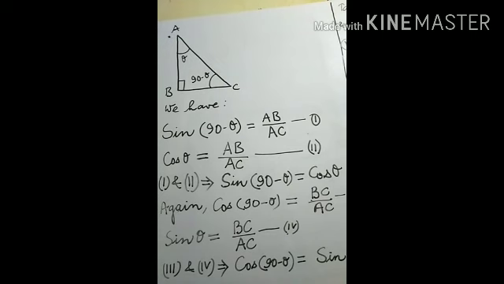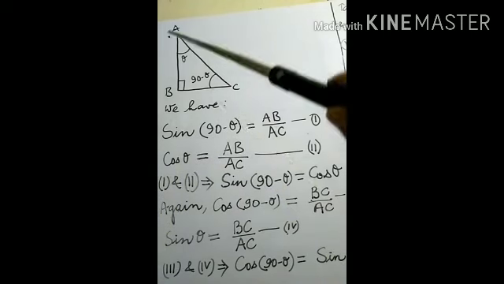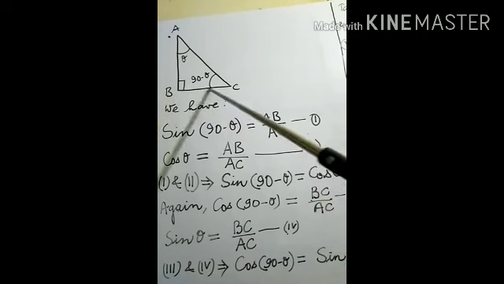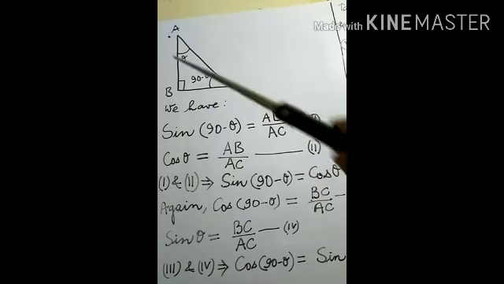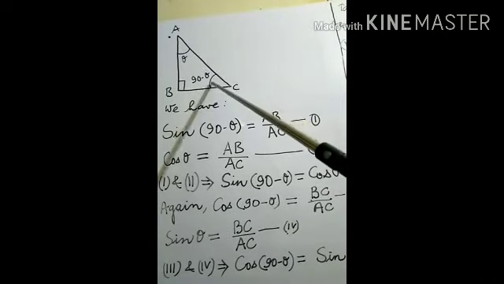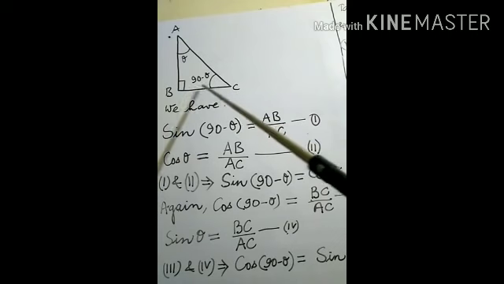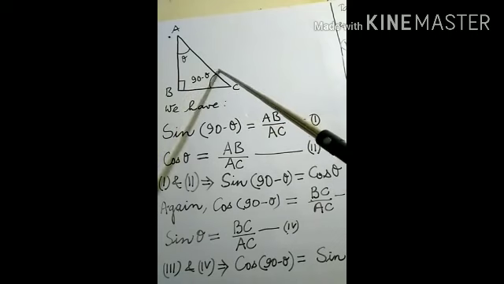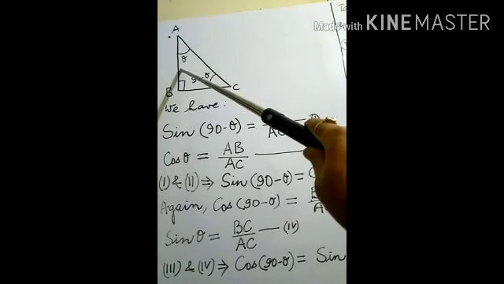Now you may observe here, this one is sine 90 minus theta. Sine 90 minus theta means this one is taken as base, so this will be perpendicular and this will be hypo, because for 90 minus theta, the segment connecting 90 minus theta is base and hypo, and this one is perpendicular.